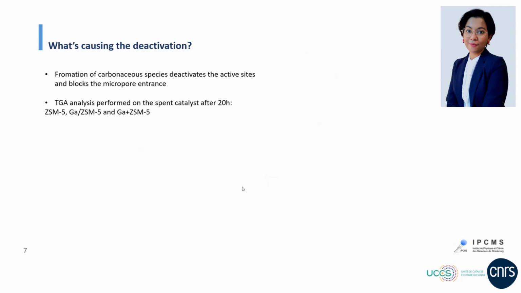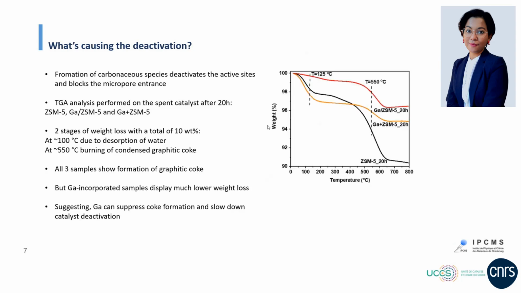However, we carried out thermal gravimetric analysis to be sure this is actually due to carbonaceous species. Here we have the TG analysis carried out on the spent catalyst after 2 hours of catalysis on ZSM5, gallium on ZSM5, and gallium physically mixed with ZSM5.